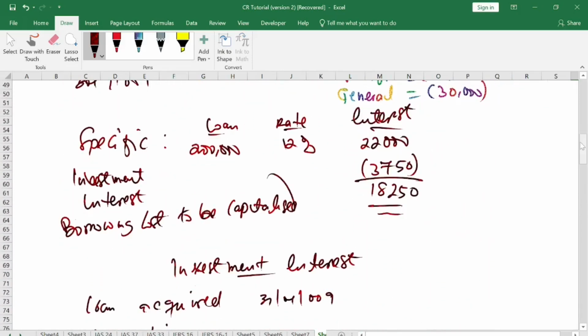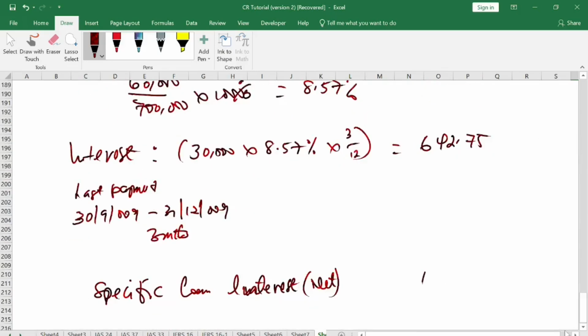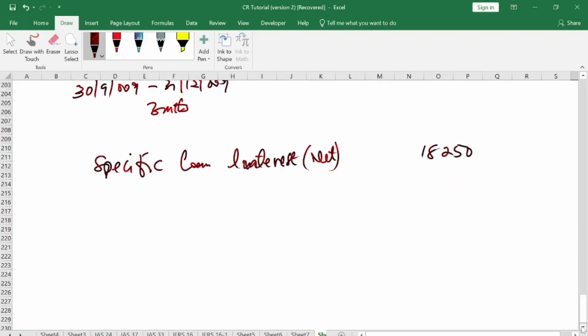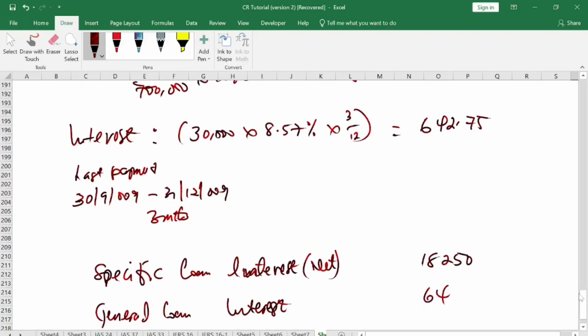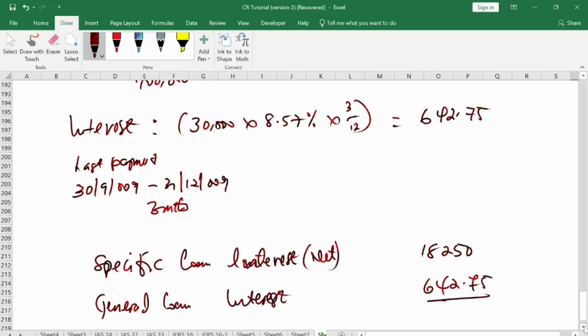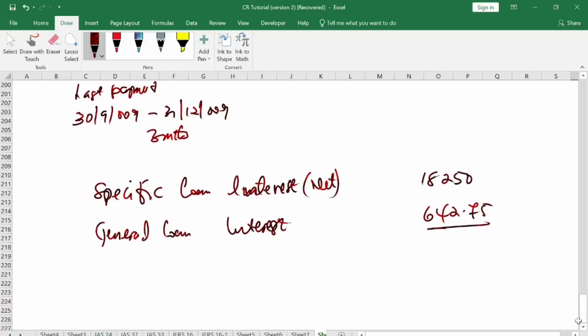Here we are: 18,250. Then you add the general pool interest, which is 642.75. When you sum it up, that gives me 1892.75.